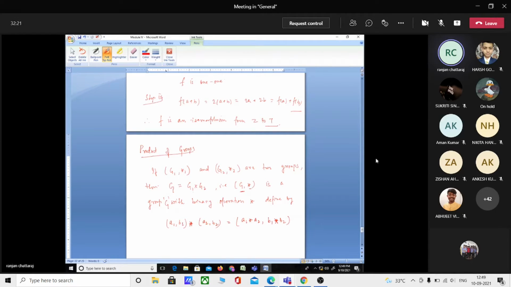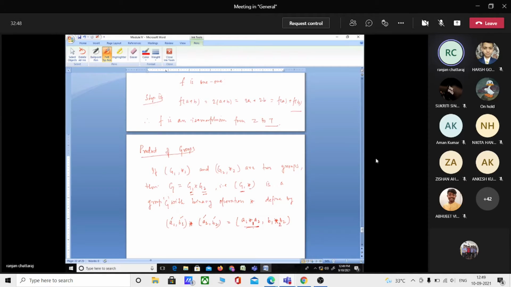You may write it like this: every A1 belongs to G1 and every B1 belongs to G2, A2 belongs to G1 and B2 belongs to G2. Suppose any element A belongs to this, or A1 asterisk A2. Of course, every element belongs to it. Here we have one and this is 2.